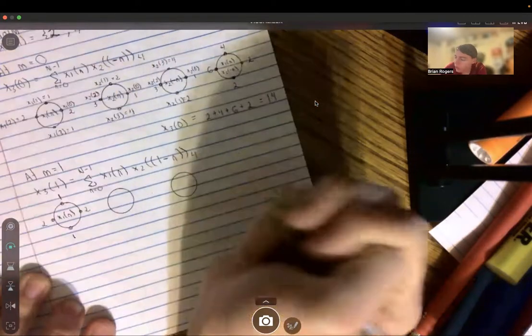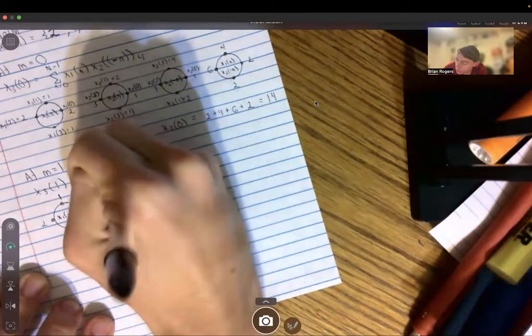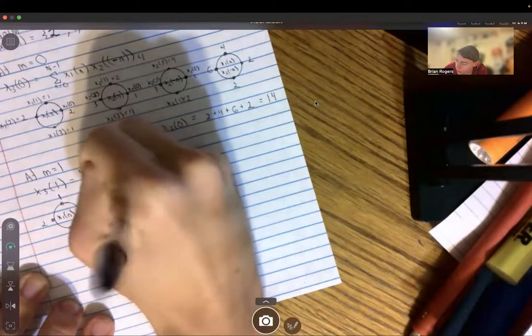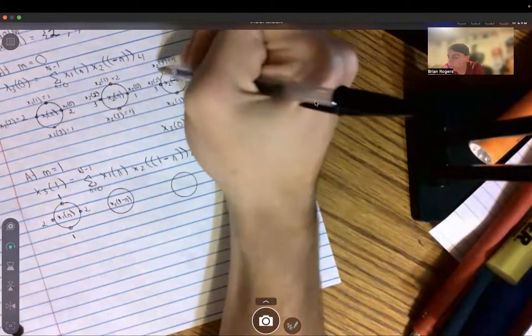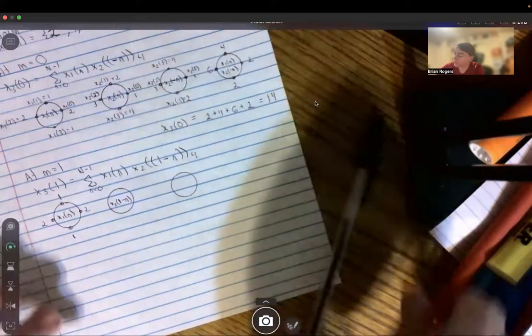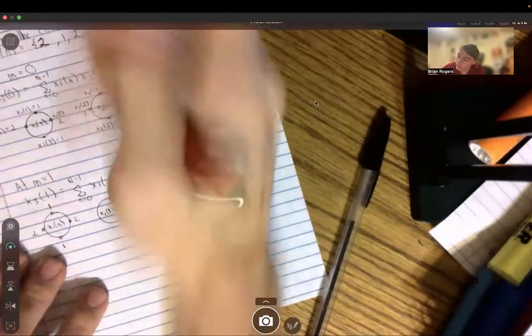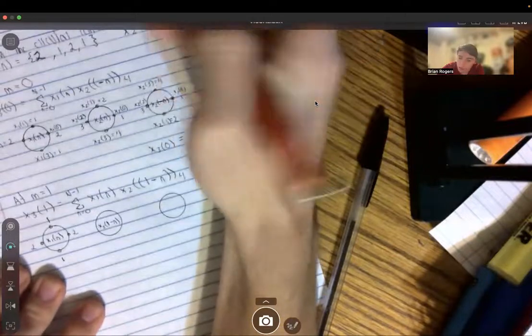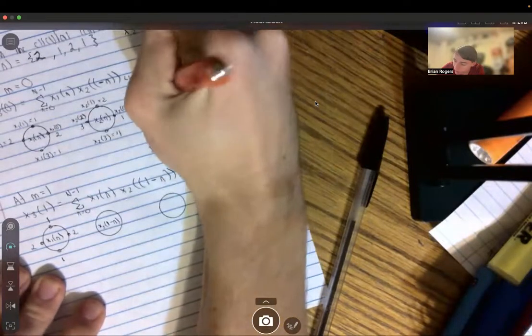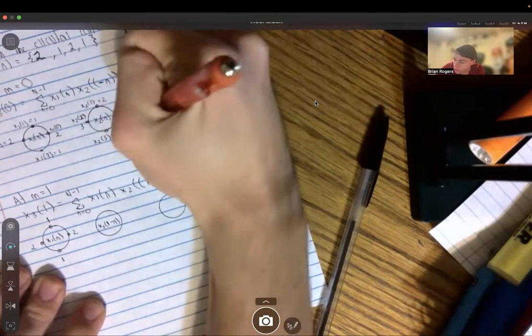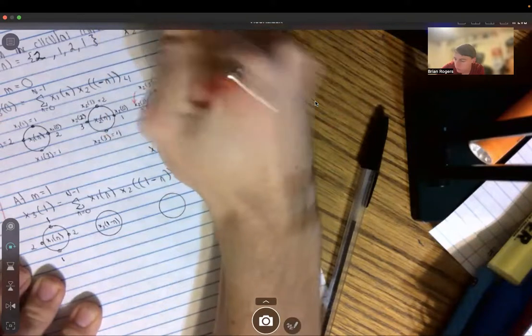But for your x2 of 1 minus n, you're going to notice that you shift everything downwards. See this original one, x2 of negative n, you shift everything over in that direction. So shift, shift, shift, shift.